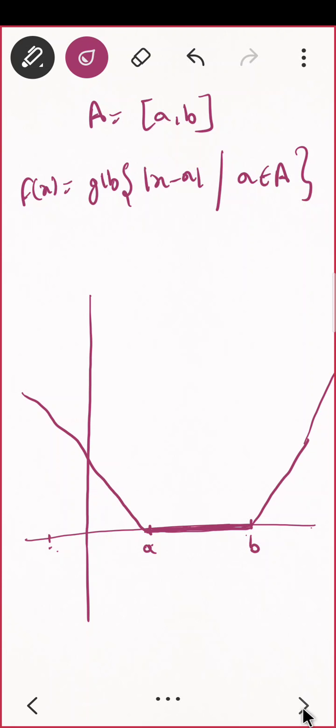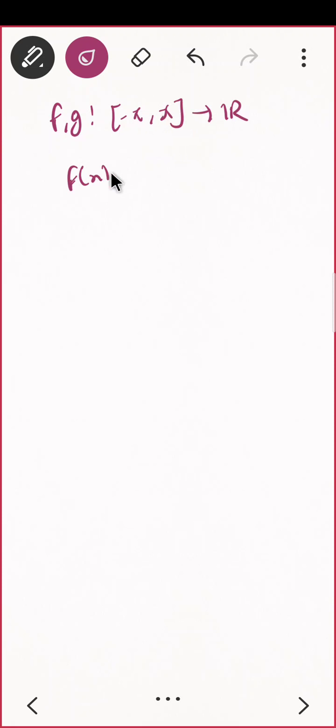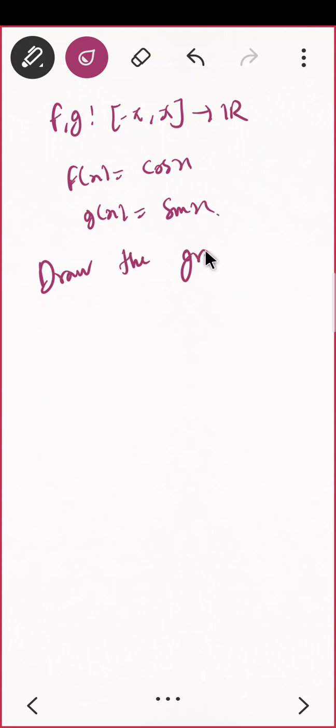Okay, so similar to this, can you draw this graph? Say f comma g, the domain is say minus pi to pi to R, and say f of x is given by cos x and g of x is given by sin x. Draw the graph of minimum of f and g.